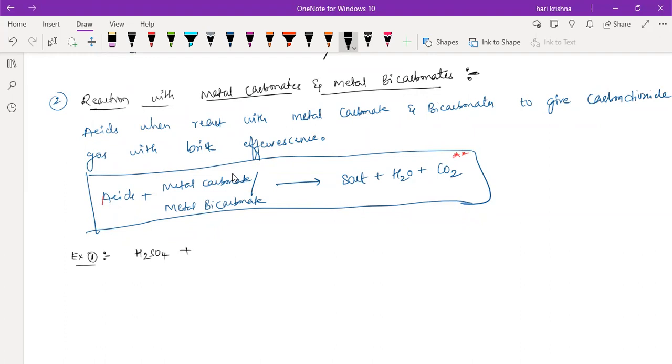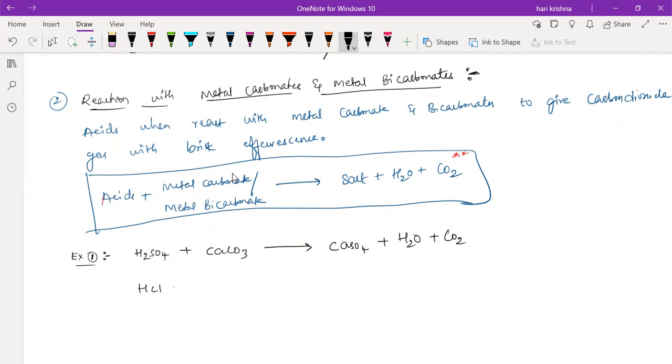Plus, what is the metal carbonate? Tell me any metal carbonate formula. Sir, CaCO3, calcium carbonate. Okay, calcium carbonate. What will you get? Sir, calcium sulfate plus H2O plus CO2. Okay, is the equation balanced or not? It's balanced. Yes, sir.